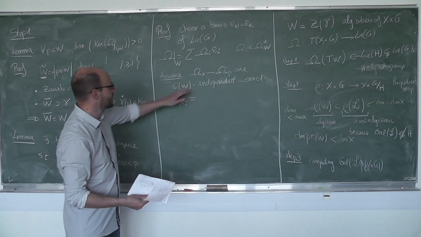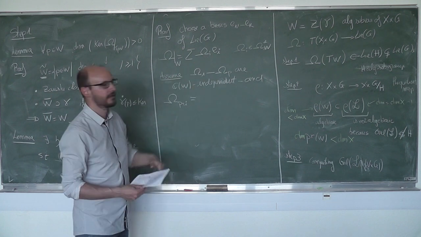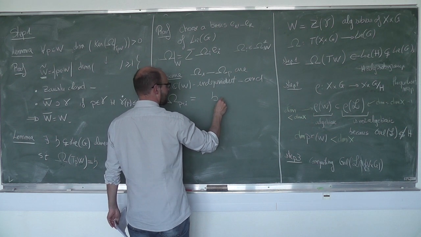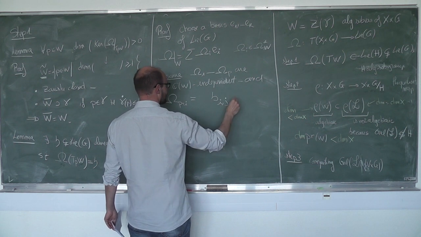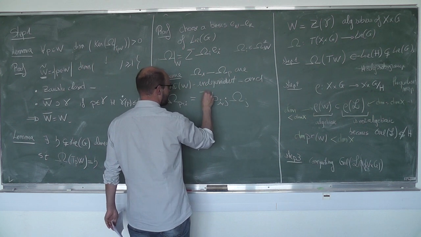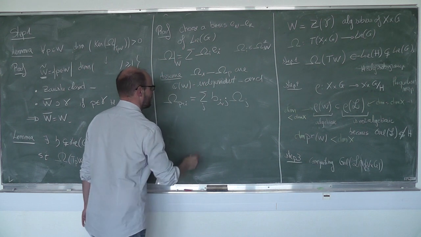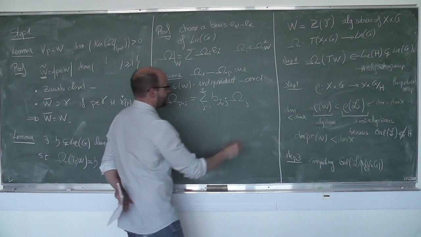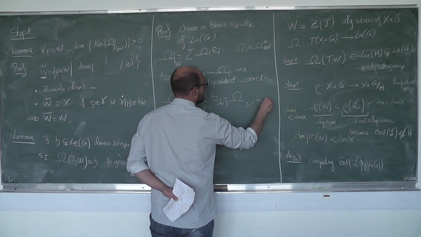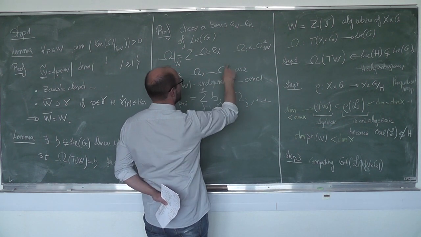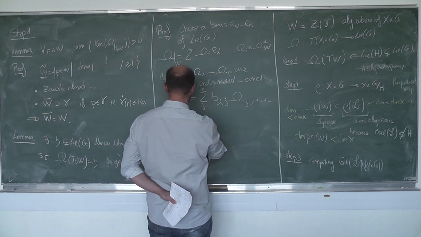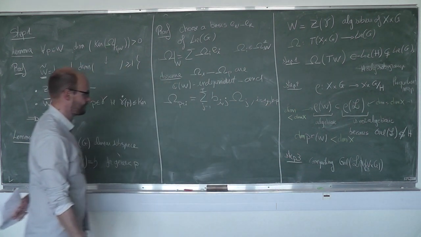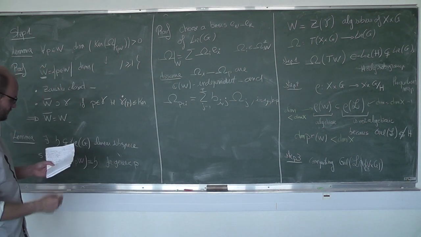In other words, omega 1 to omega p is a basis that generates these forms. And so you have omega p plus i equals the sum over j equal 1 to p of b_ij omega j, and this is for i equal 1 to k minus p. And you can assume you have this relation.